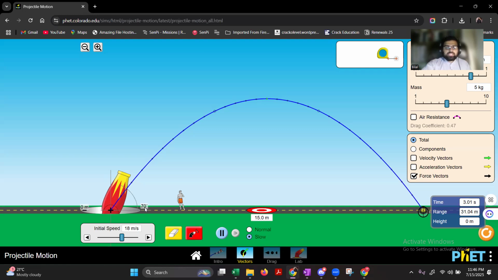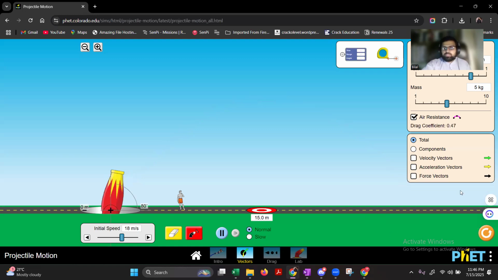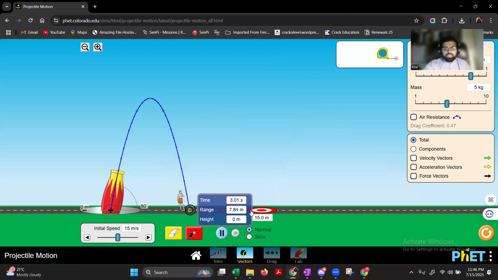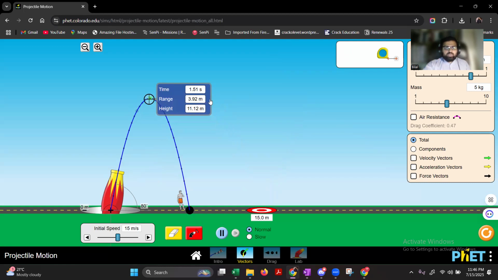Let me remove all these launches and start with 80 degrees, at a speed of, let's say, 15 meters per second. The angle is 80, so the range will be 7.84 and the height will be 11.12.